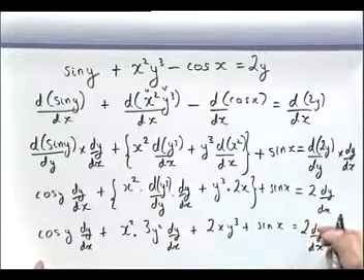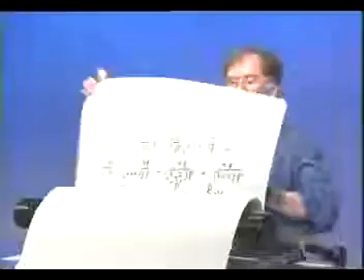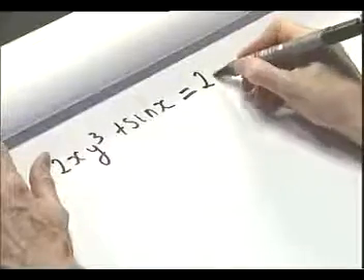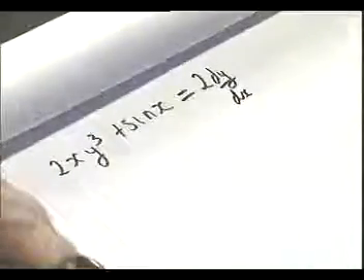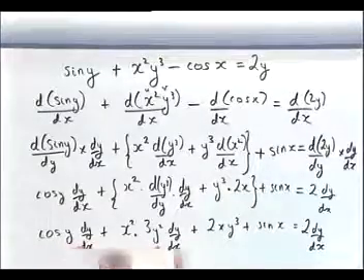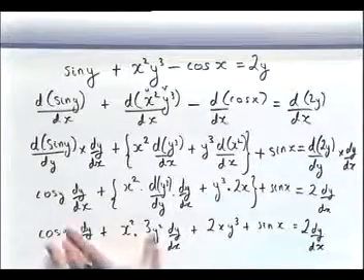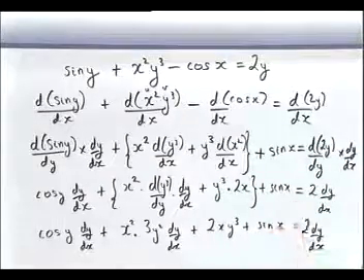Let's just go back and see what we've got. We've got a 2 dy by dx here. And we're going to bring these two terms over to this side by taking them away from both sides.